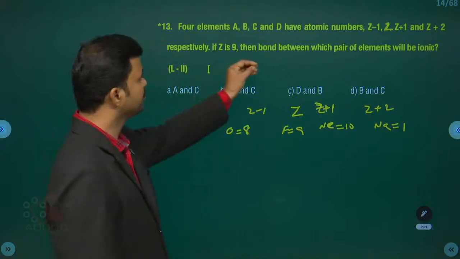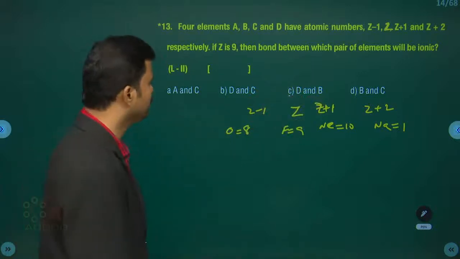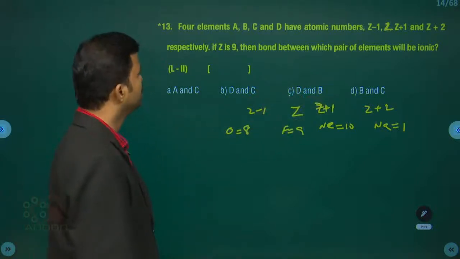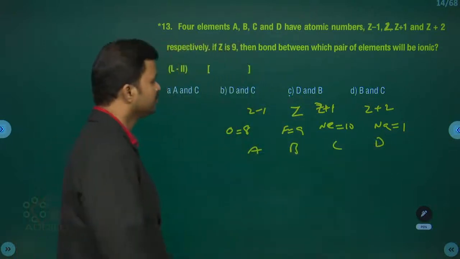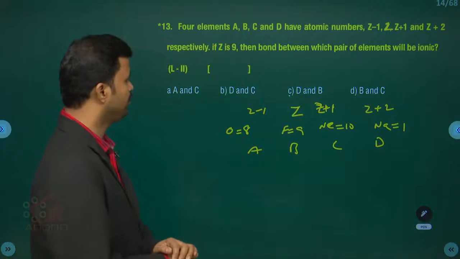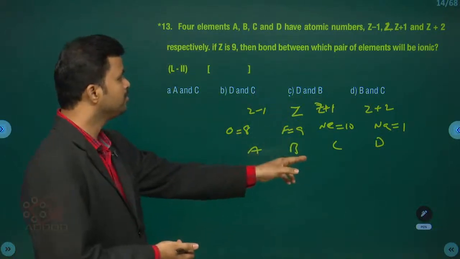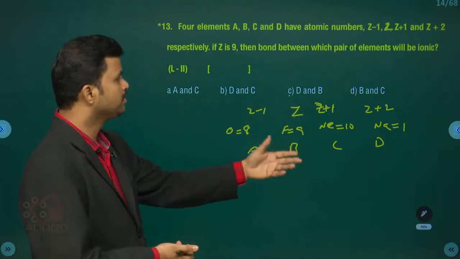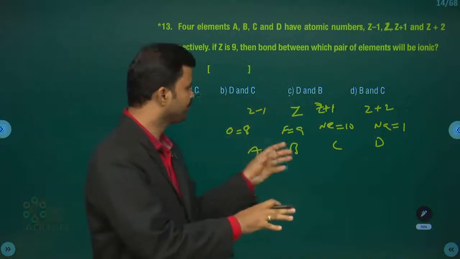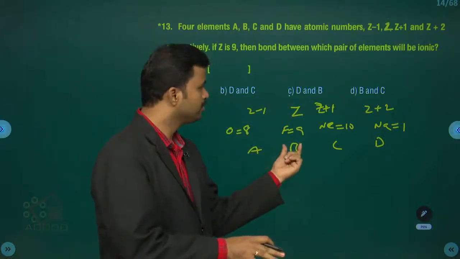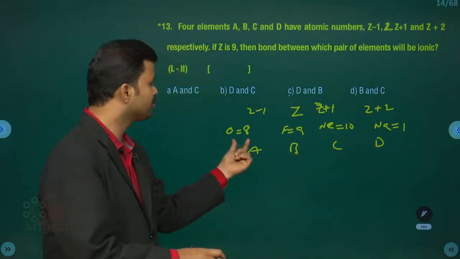Now the question is, which pair of elements will be ionic? One metal and one non-metal will be ionic. If I say these are A, B, C, D, then the ionic bond will be between sodium and fluorine, B and D. Out of the given combinations, B is non-metal and D is the metal. Neon is non-metal, oxygen non-metal, correct?